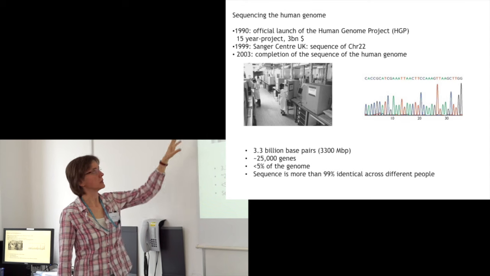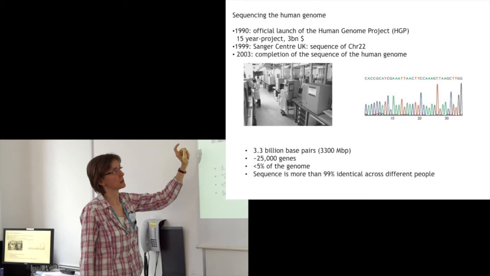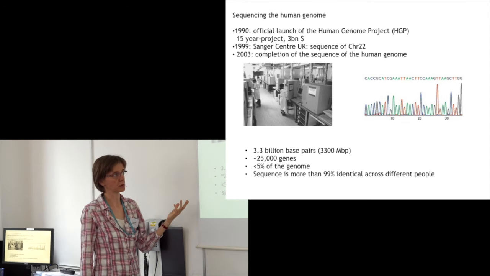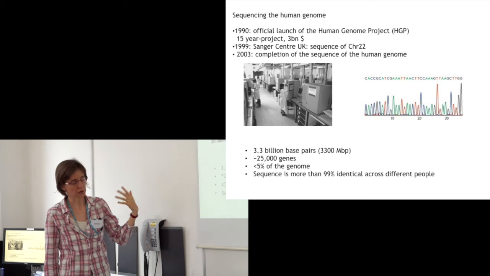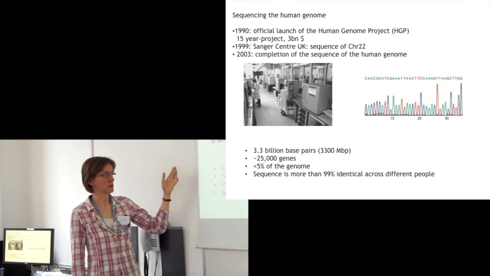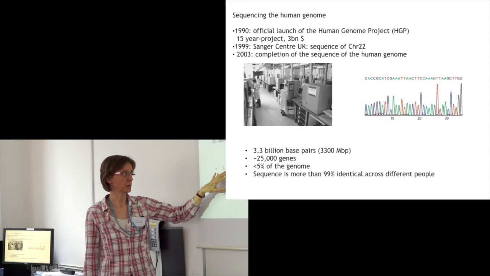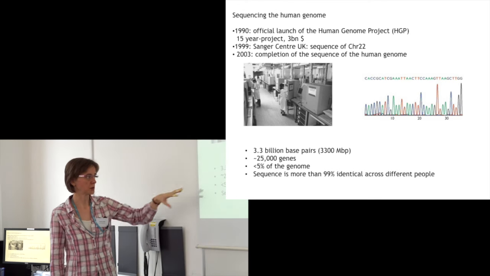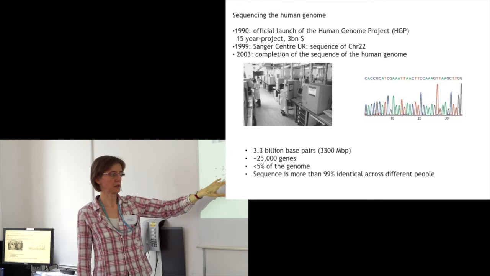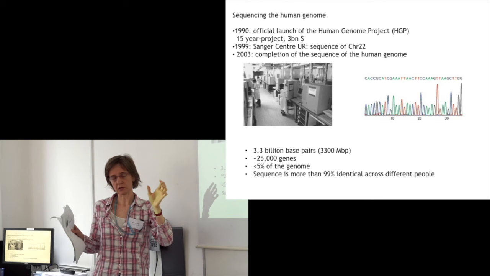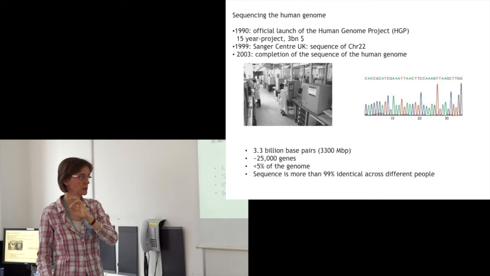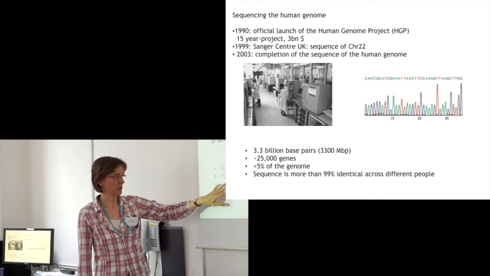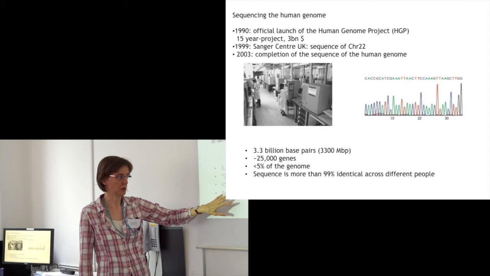It finished by 2003, and since then several other individual genomes have been sequenced. It turned out that we humans have 3.3 billion base pairs, and they constitute roughly 25,000 genes. You think about the sequence between the start and the stop codon, but these genes only make up less than 5% of the genome.